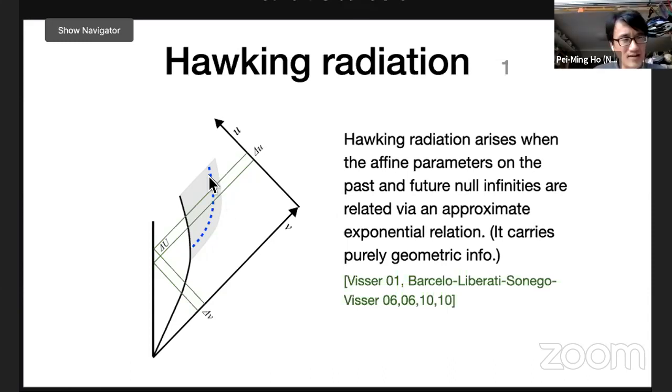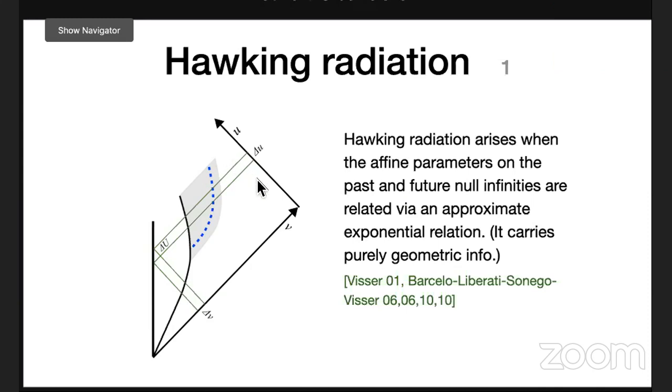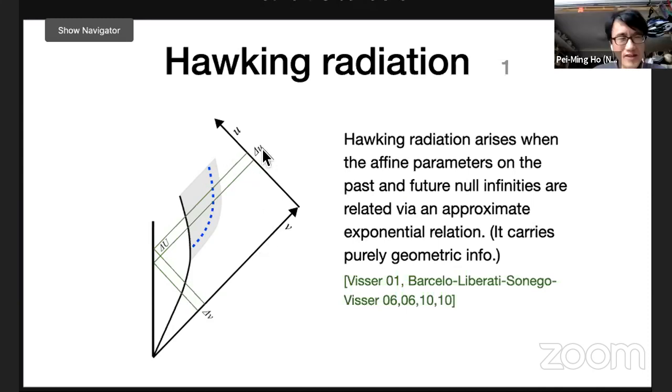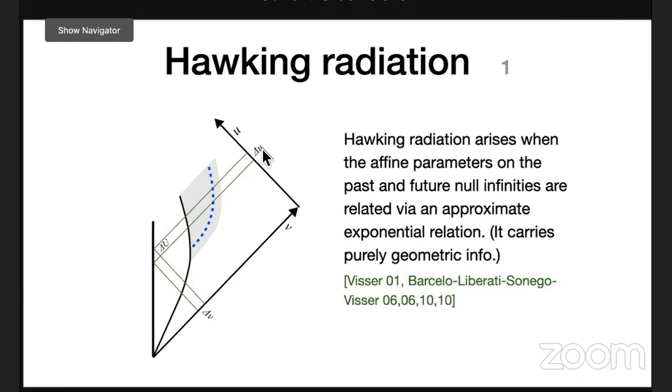You explain it such that T_UU is the outgoing Hawking radiation, but in this figure, somehow U is ingoing.